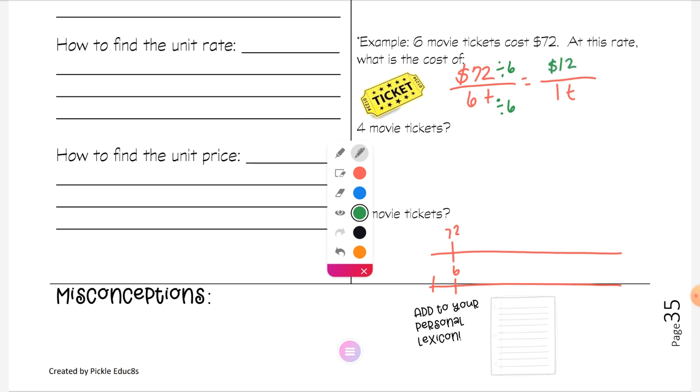So now we have a unit rate. We're still going to use ratios. I'm forcing you to use ratios. If I know that it's $12 for 1 ticket, where am I trying to get to? 4 tickets. So I'm going to write 4 tickets. See how I'm setting these up now?